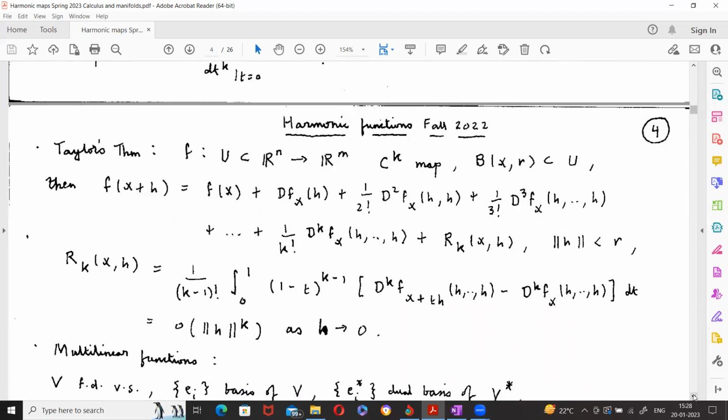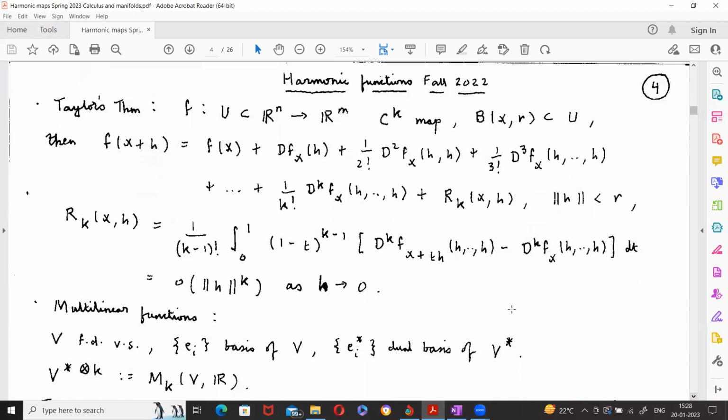So now let me state for you Taylor's theorem. So suppose f from an open subset U of R^n to R^m is a C^k map, and you have a ball of radius r around a point x, which is contained in U. Then in this ball, if I take h of norm less than r, then if I take a point x plus h in this ball, then f of x plus h I can write as f(x) plus a linear term in h, df at x applied to h, plus a quadratic term in h.